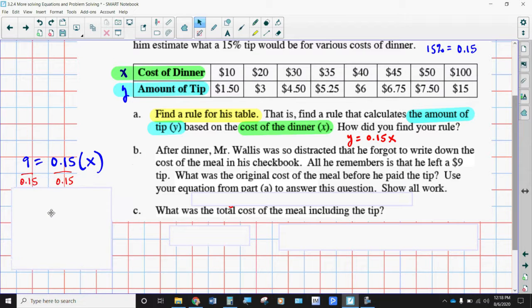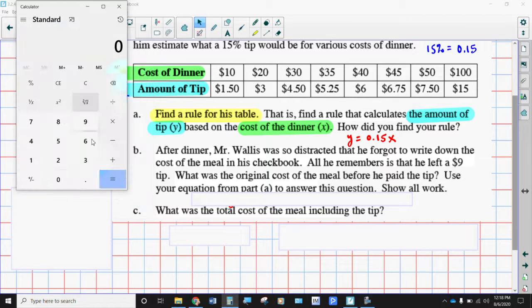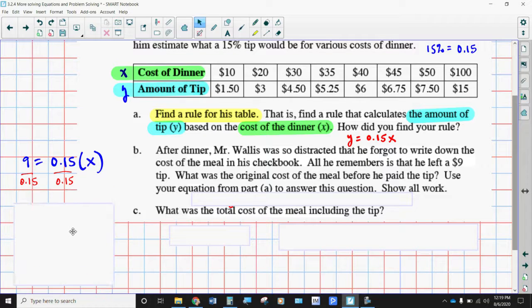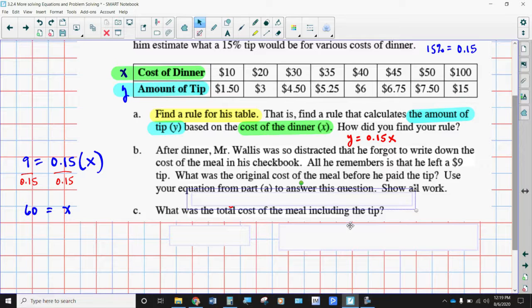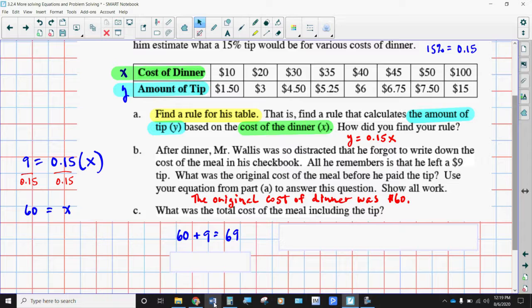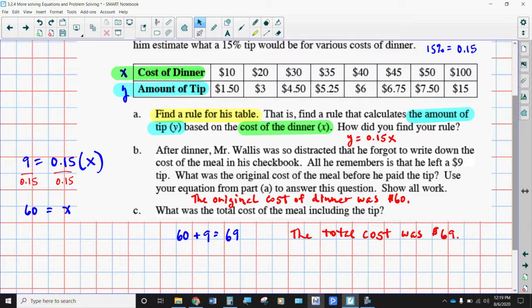That's going to involve using algebraic reasoning and dividing each side by 15/100ths. Take your calculator and say $9 divided by 0.15 will give you 60. So that means the amount of the dinner must have cost $60. If the dinner was $60 and the tip was $9, the total cost of the dinner was $69.